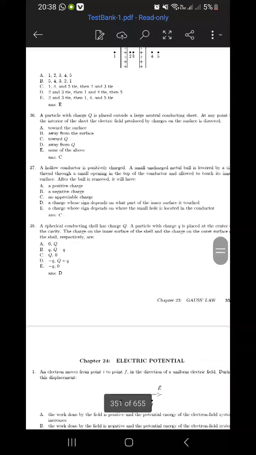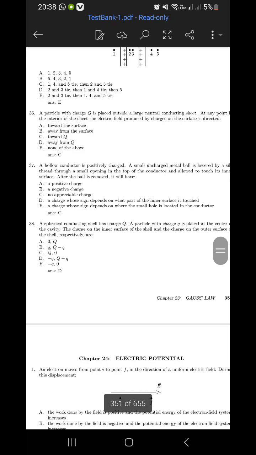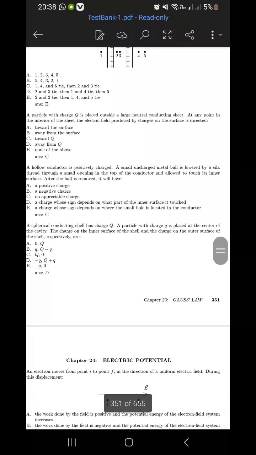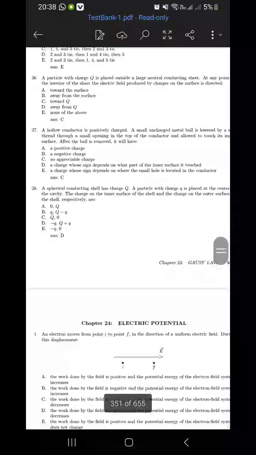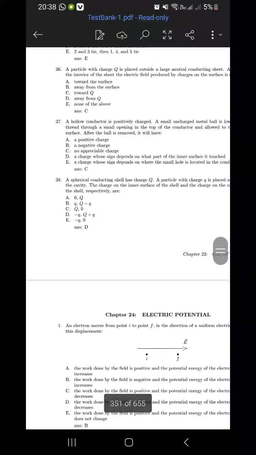A spherical conducting shell has charge Q. A particle with small charge q is placed at the center of the cavity. The charge on the inner surface of the shell and the charge on the outer surface of the shell respectively are D, negative q, and then plus Q plus q.